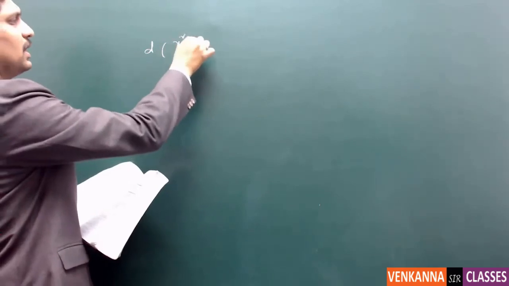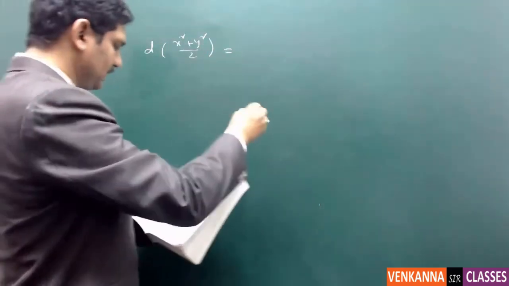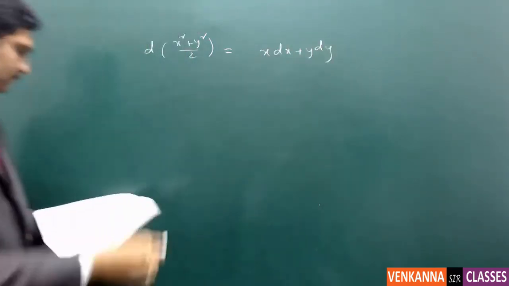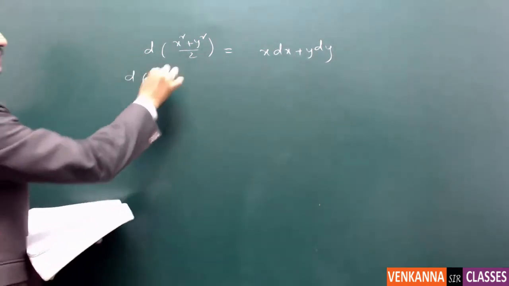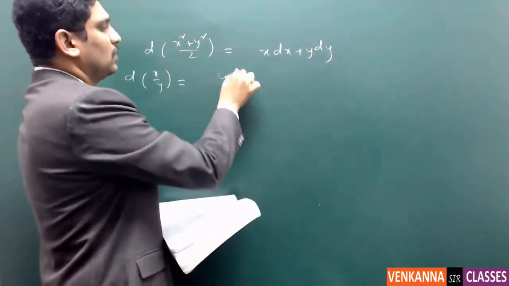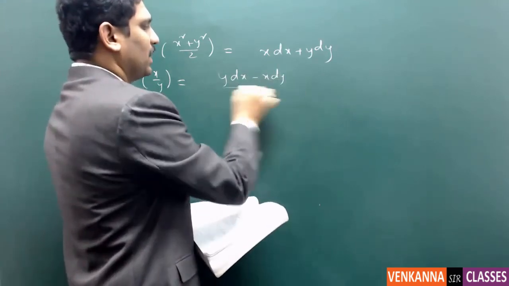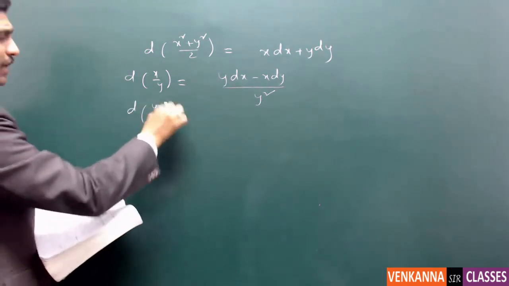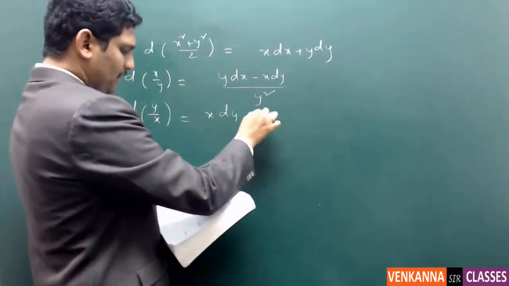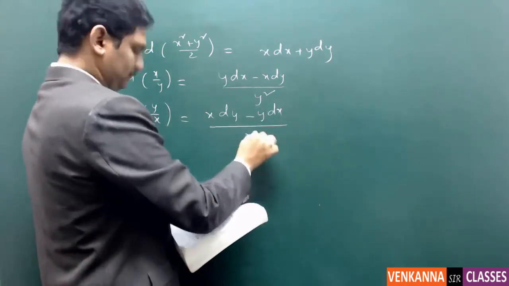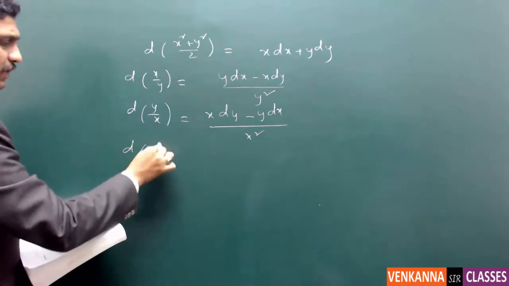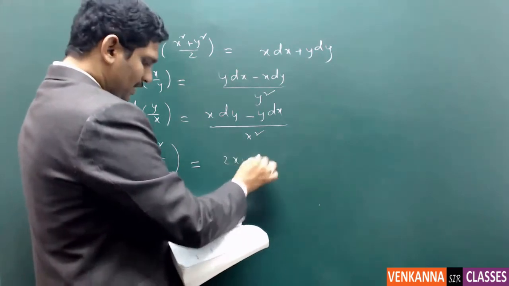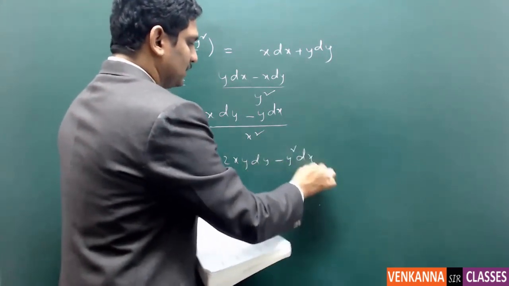Derivative of (x square plus y square) by 2 is equal to x dx plus y dy. Derivative of x by y is equal to (y dx minus x dy) by y square. Similarly, derivative of y by x is equal to (x dy minus y dx) by x square. Derivative of y square by x is equal to (2xy dy minus y square dx) by x square.